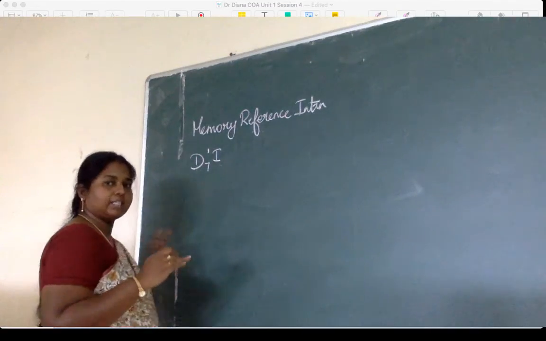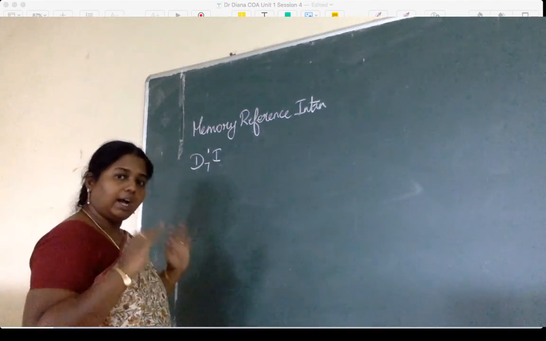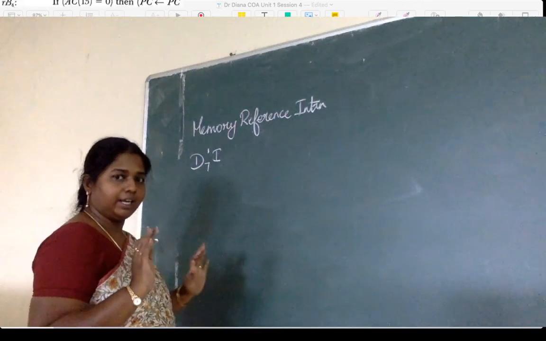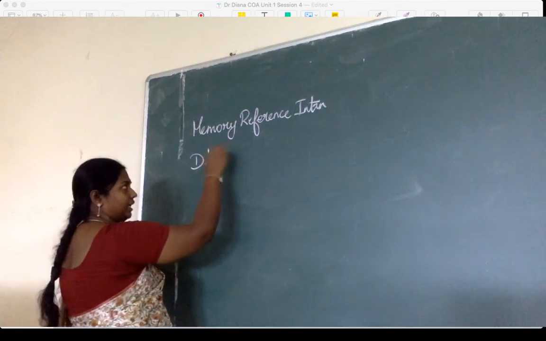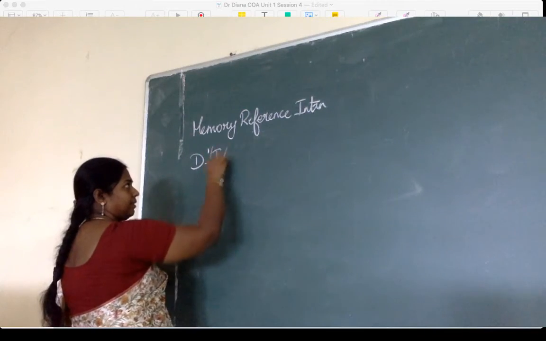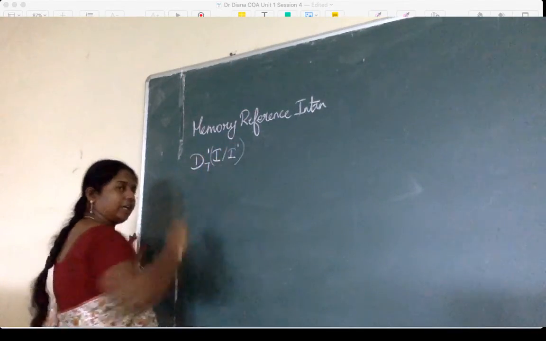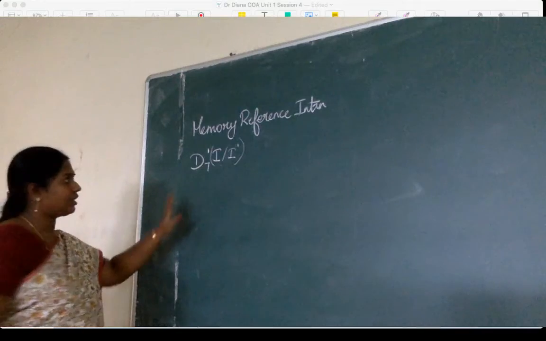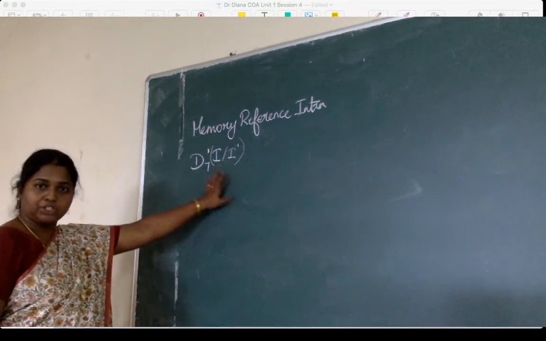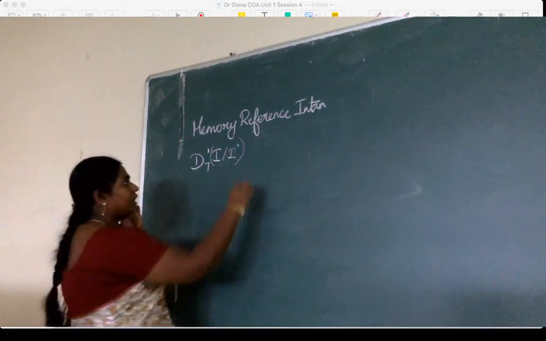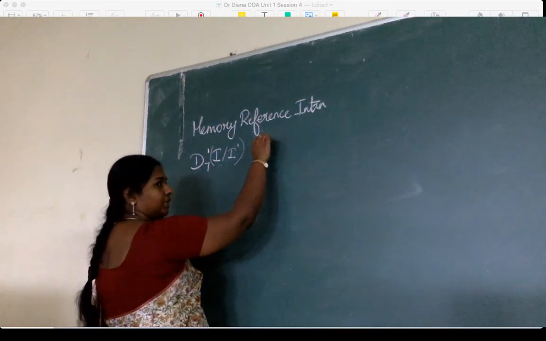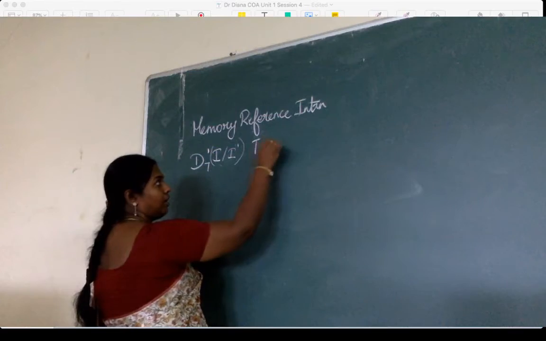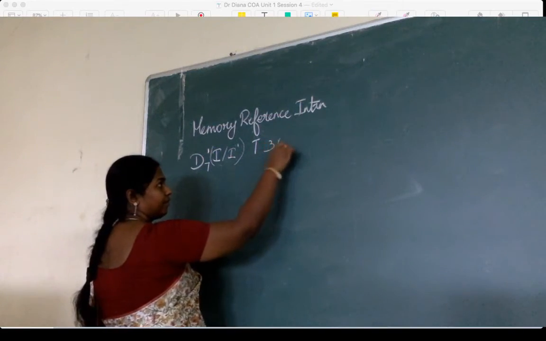I indicates indirect memory access, I dash indicates direct memory access. So I am not going to mention the value of I. I can either be I or I dash. Both are applicable for memory reference instruction. So from henceforth I will not mention the value of I. Then you have T. It starts with either T3 or T4.